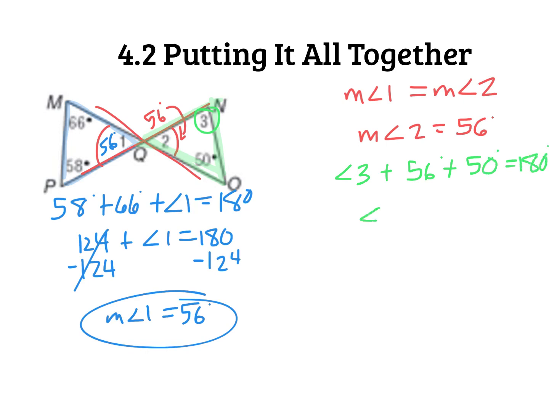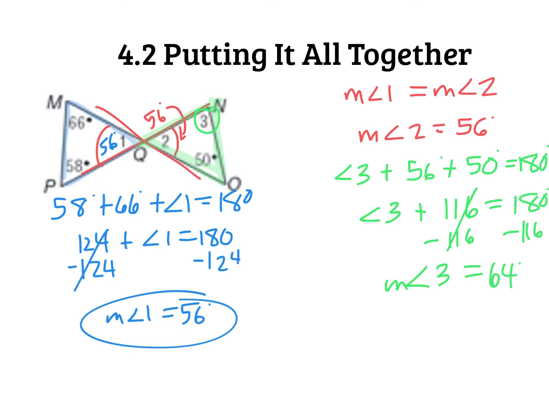Combine like terms, angle 3 plus 116 equals 180. Solving for angle 3, we subtract 116 on both sides. Measure of angle 3 will equal 180 minus 116, and that gives us 64 degrees.